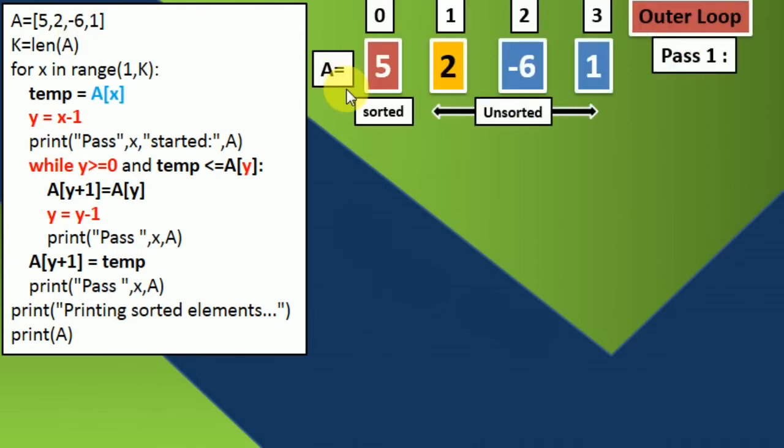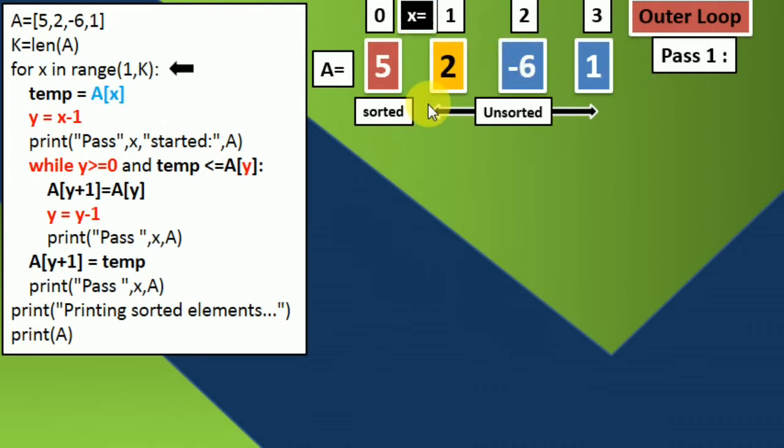Here is the diagram. When pass 1 is started, that means x is at 1. This is our a. 5 is at index 0, 2 at 1, minus 6 at 2 and 1 at 3. We already know that we keep the first one as sorted, whatever value is there. At present there is a value that is 5, so this is our sorted number, and 2, minus 6 and 1 are unsorted numbers.